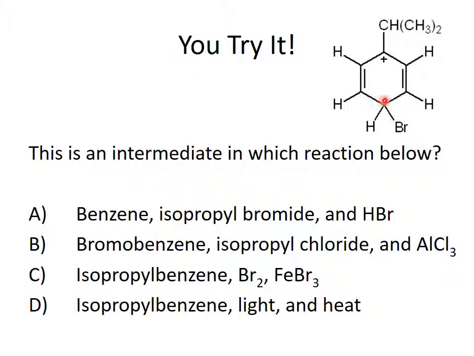We can see that an electrophile has been added to a benzene ring, and let's look at the ring to see where the electrophile was added, because there's both a hydrogen and a bromine on this carbon here. The bromine, or a bromine cation, must have been the electrophile that added, and this group was already on there. So let's look for conditions that would give that to us.